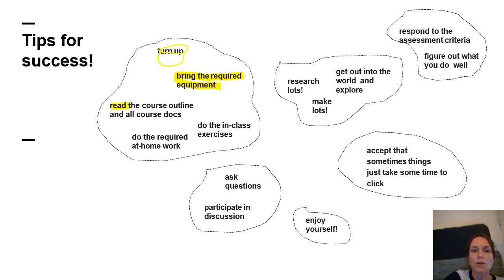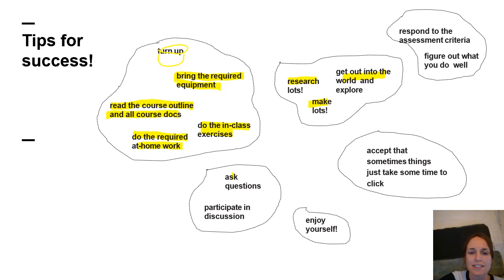You need to read the course outline and all of the course documents and stay up to date from week to week. You need to do the work that you're required to do at home on Moodle. You need to participate and complete the in-class exercises in class. You need to research a lot and make a lot and be free and expansive with this. You need to get out into the world and look what's going on and draw inspiration from this.